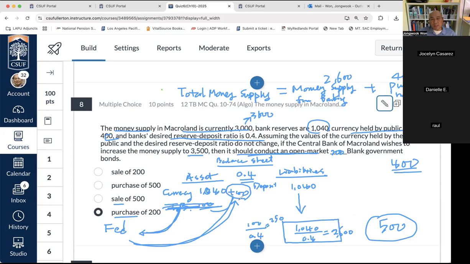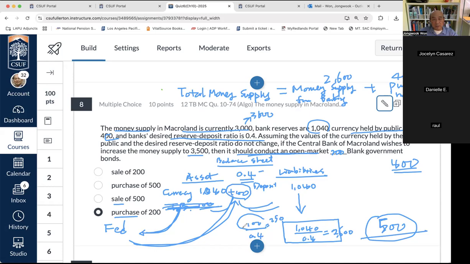So eventually lending, deposit, keep lending, and 100 more becomes 250. So to increase 500, the multiplier is 2.5.